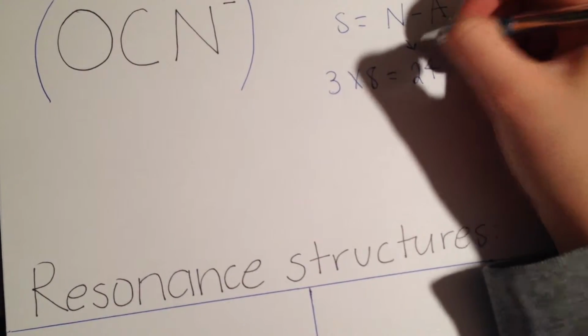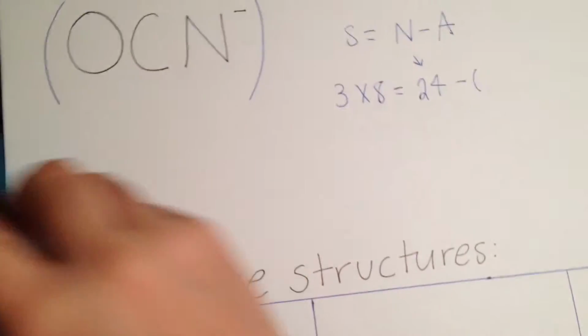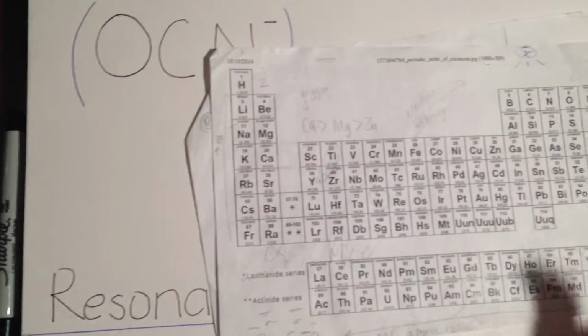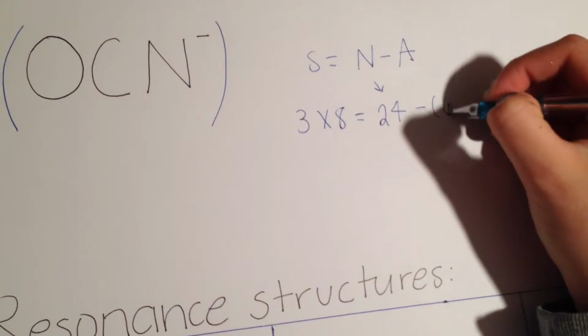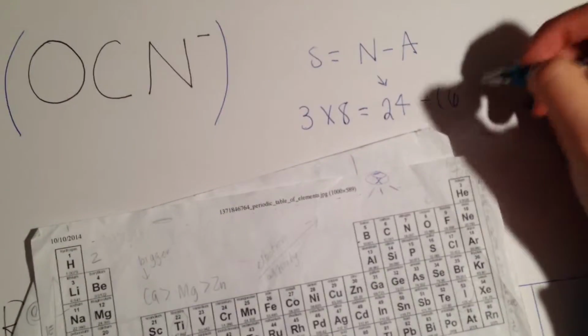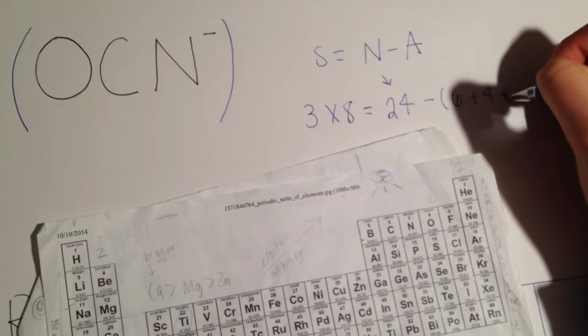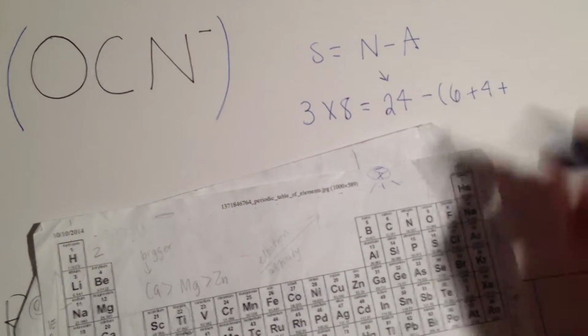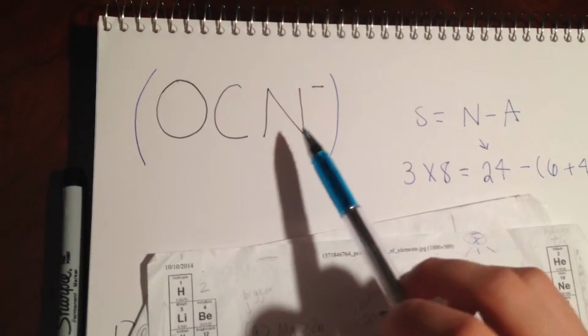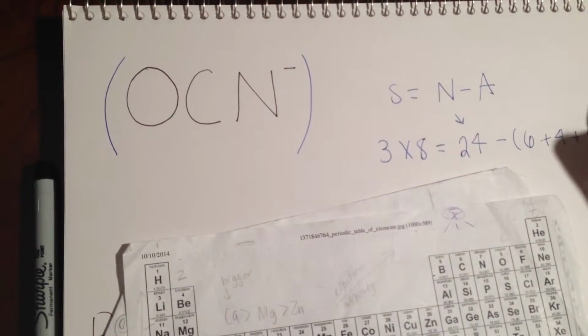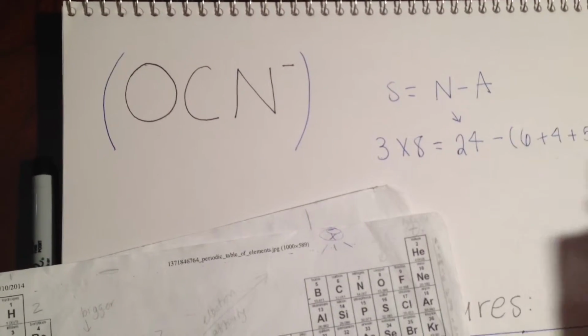That's our N. Minus A: O on the periodic table is 6, C is 4, and N is 5. Don't forget to add the charge of the anion. So this is 16.